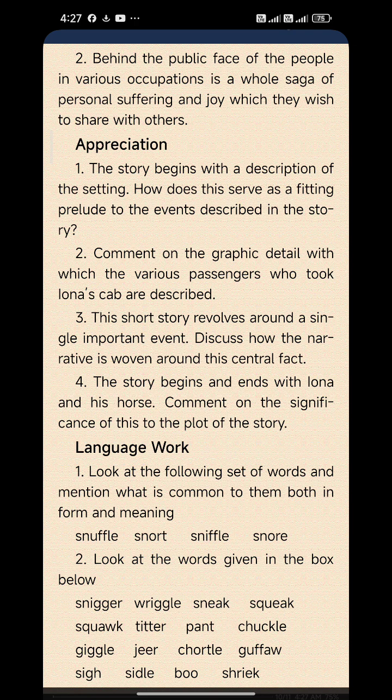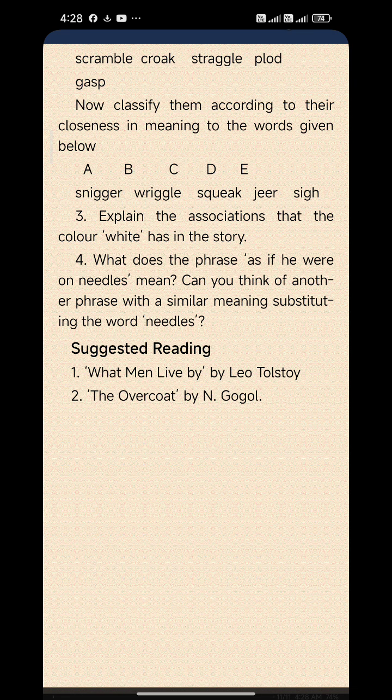Language work. 1. Look at the following set of words and mention what is common to them both in form and meaning: shuffle, snort, sniffle, snore. 2. Look at the words given in the box below: snigger, wriggle, sneak, squeak, titter, paint, chew, kill, gill, sneer, cackle, guffaw, sing, giggle, bow, shriek, scramble, choke, straggle, plod, gasp.